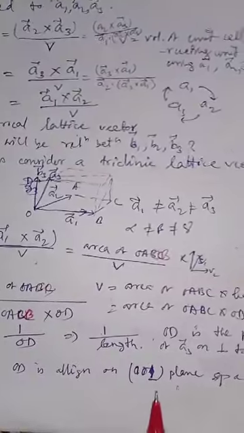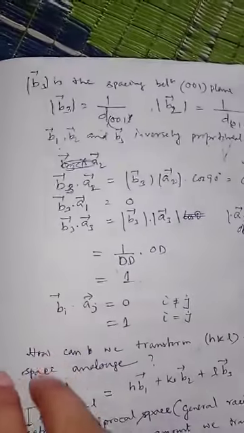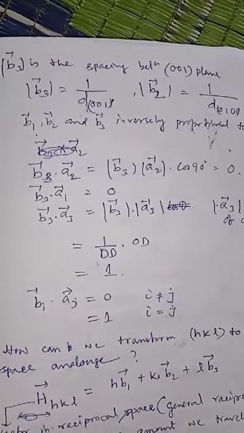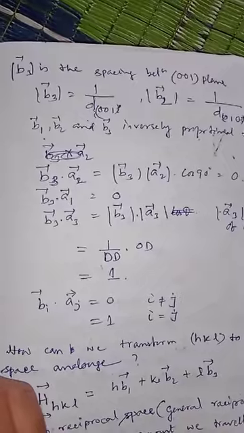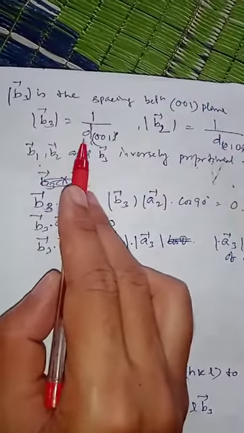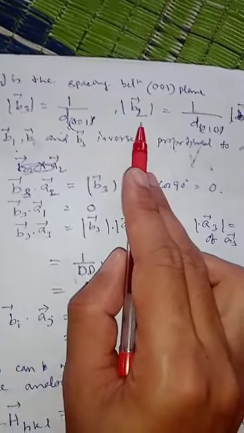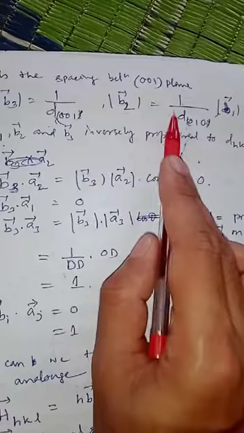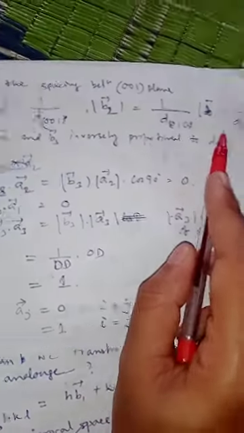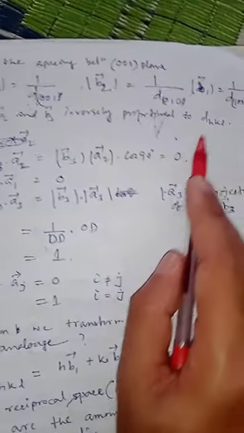So this is the 0, 0, 1 plane. Similarly, B3 is related to the spacing between 0, 0, 1 planes. Okay, so the magnitude of B3 will be 1 by d 0, 0, 1. Similarly, you can construct B2 as 1 by d 0, 1, 0 and B1 as 1 by d 1, 0, 0.